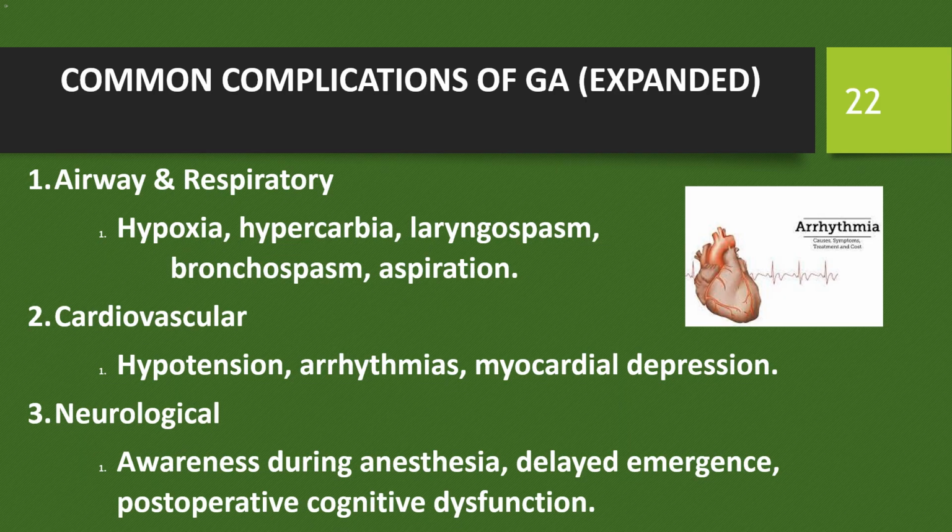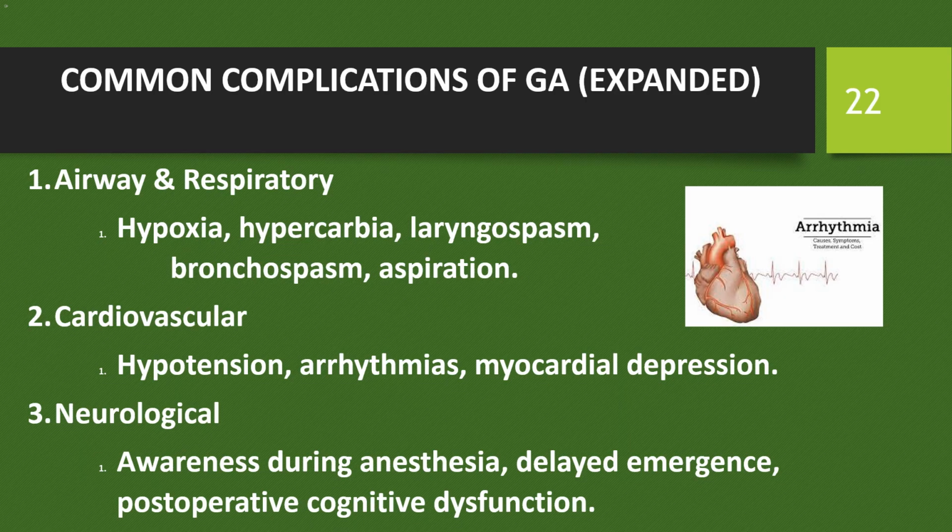Common complications of general anesthesia (GA). 1. Airway and respiratory complications. 1. Hypoxia. Insufficient oxygen levels can lead to serious complications, including organ damage and brain injury. 2. Hypercarbia. Elevated CO2 levels can cause respiratory acidosis and other complications. 3. Laryngospasm.